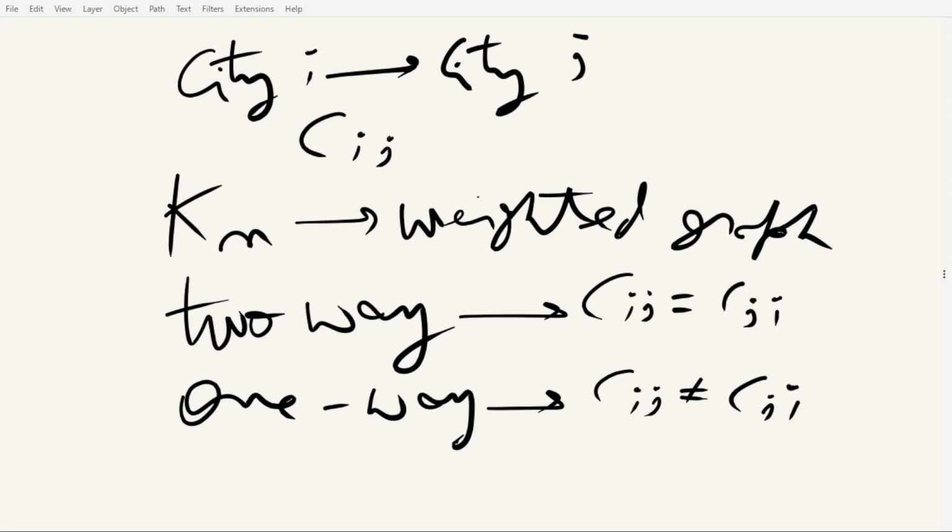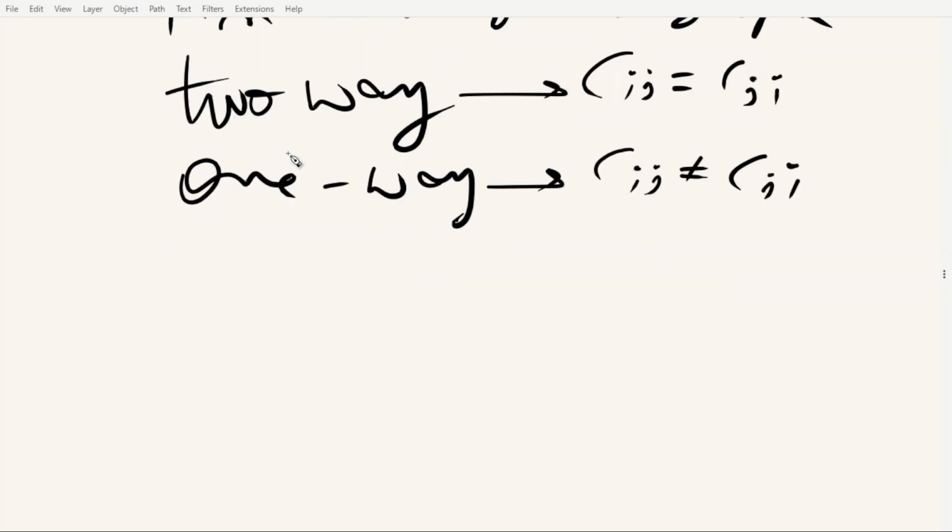So we have a weighted complete graph Kn, and the salesman will start from city 1 and has to visit all the other vertices, the remaining cities numbered 2 to n.